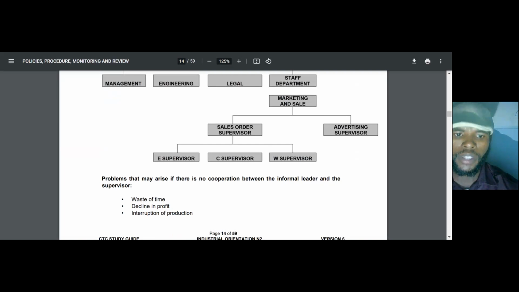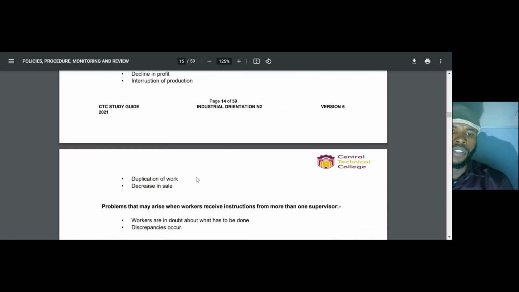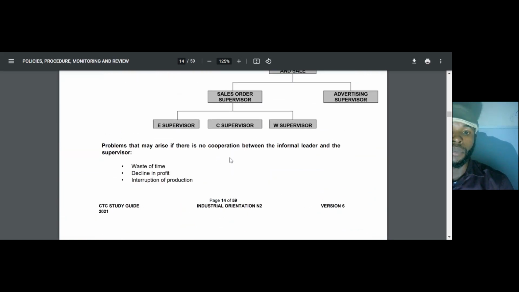Problems that may arise if there is no cooperation between the formal leader and the supervisor: there is a waste of time, decline in profit, and interruption of production, because the message sent between the informal leader and supervisor won't be received due to misunderstanding between the two.